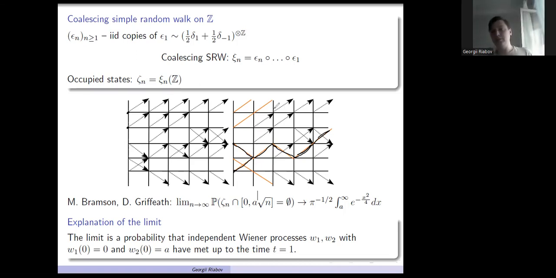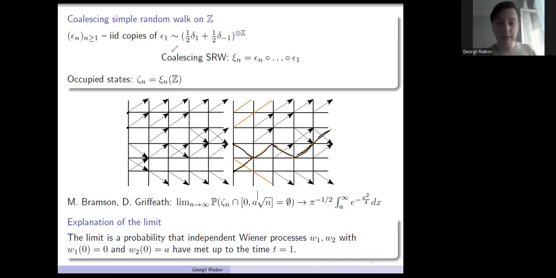What is natural to do is to scale this picture as we do in the central limit theorem, and ask what will be the limit. In fact, the limit will be the Arratia flow. It will be independent Brownian motions before meeting that coalesce at the meeting time.